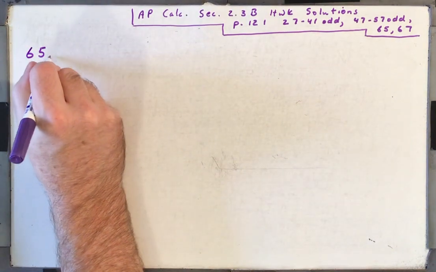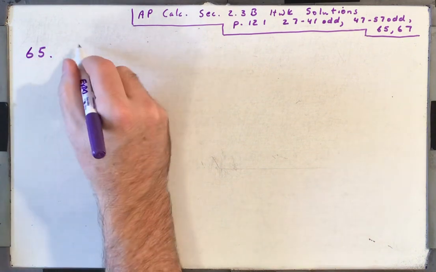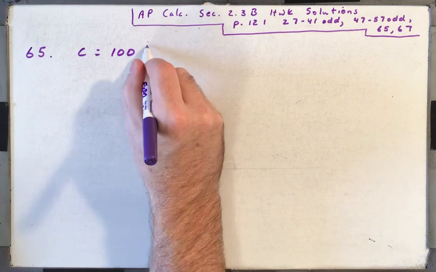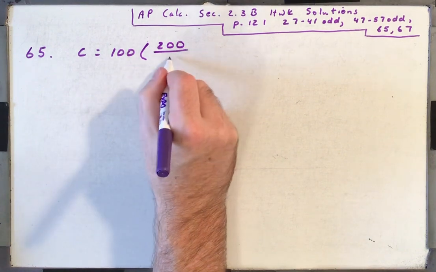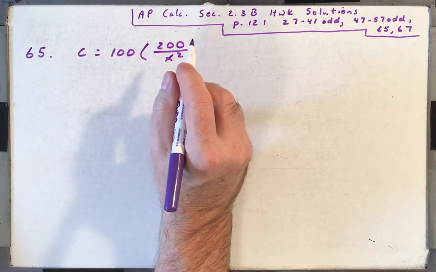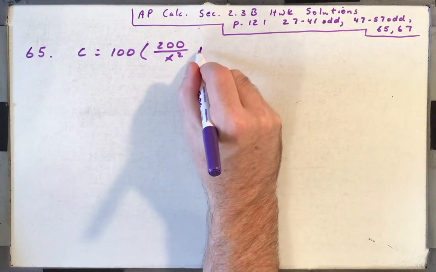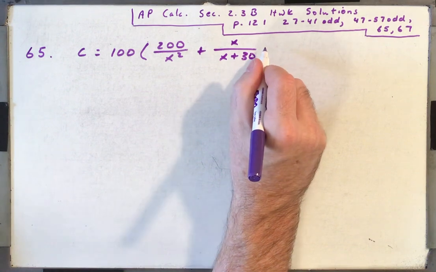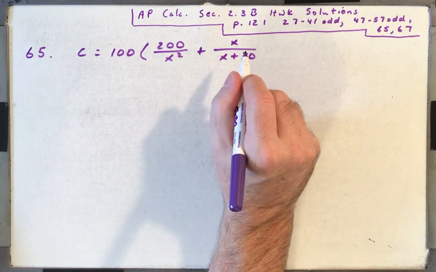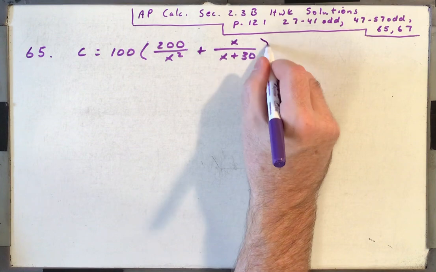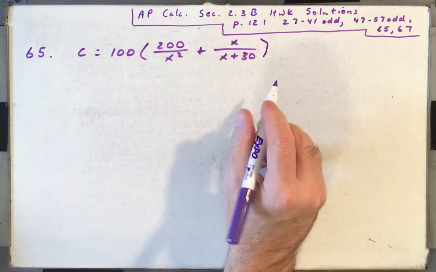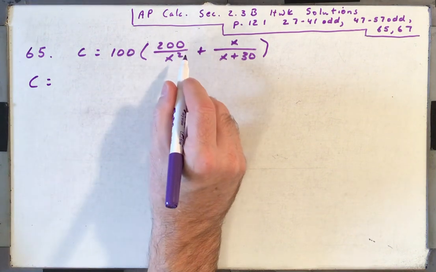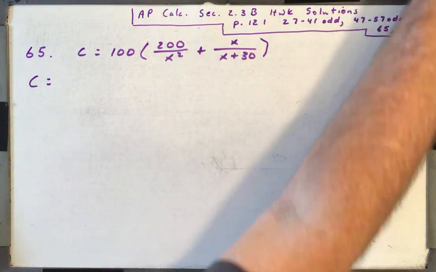So 65, we have C is equal to 100 times 200 over x squared plus x over x plus 30. And we want to know the rate of change. That's just take the derivative. So I'm going to go ahead and 100 times 200, that's 20,000.